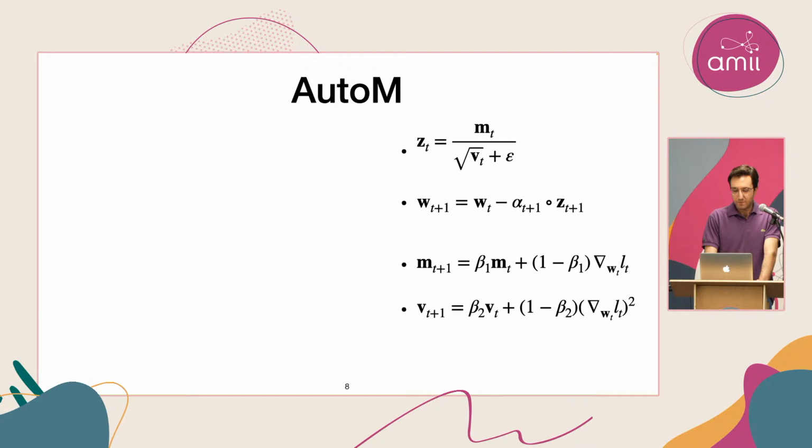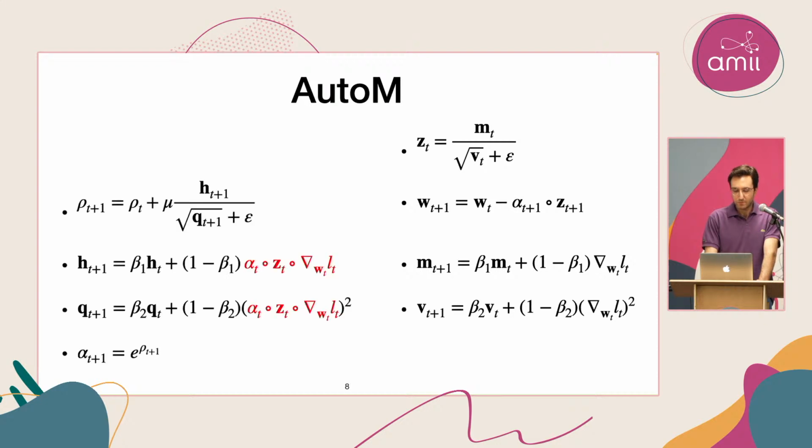And now for autumn, we can apply something similar. The main update, what the step size update uses instead of gradient, is the quantity in red. It's the step size alpha, which is a vector, times Z times the gradient.